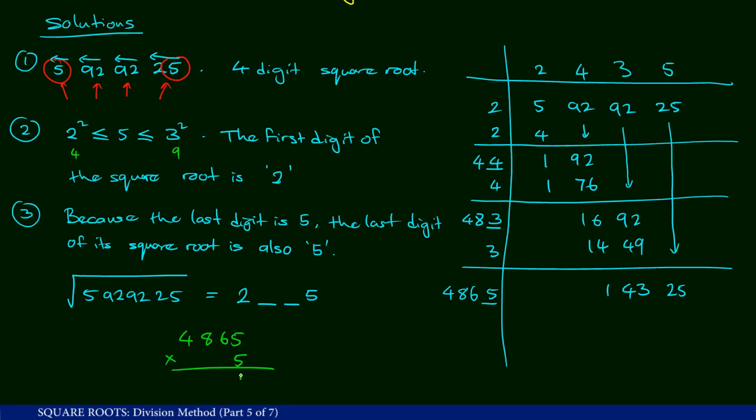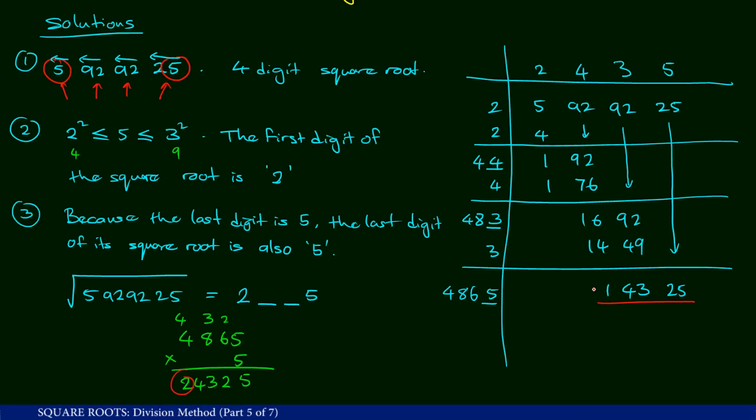So 5 times 5 is 25. 6 times 5 is 30. Plus 2 becomes 32. 8 times 5 is 40. Plus 3 becomes 43. Then 4 times 5 is 20. Plus 4 is 24. Does it match? Well, it doesn't, because this is 2, this is 1.